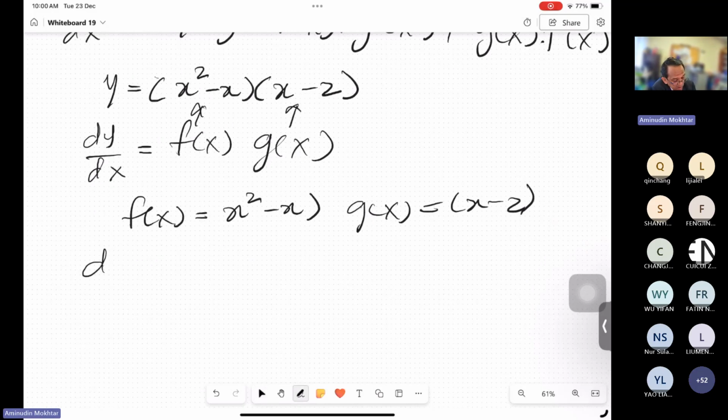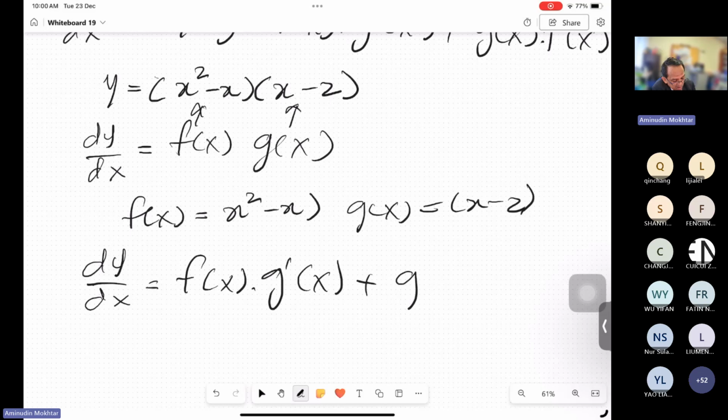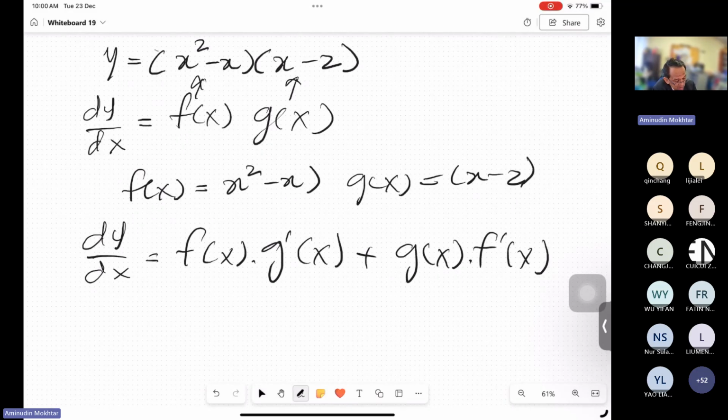Then dy/dx equals f(x) times g prime x plus g(x) times f prime x. That is the formula to find the derivative. So dy/dx equals f(x), which is x squared minus x, times the first derivative of g(x), x minus 2.